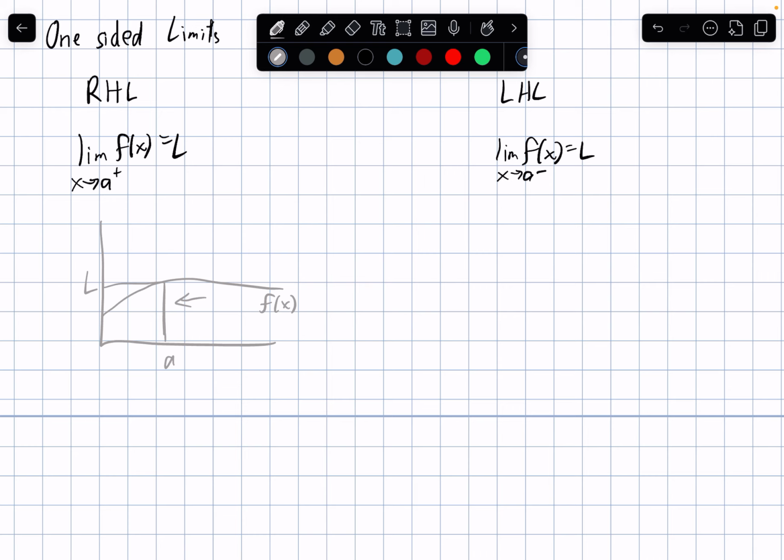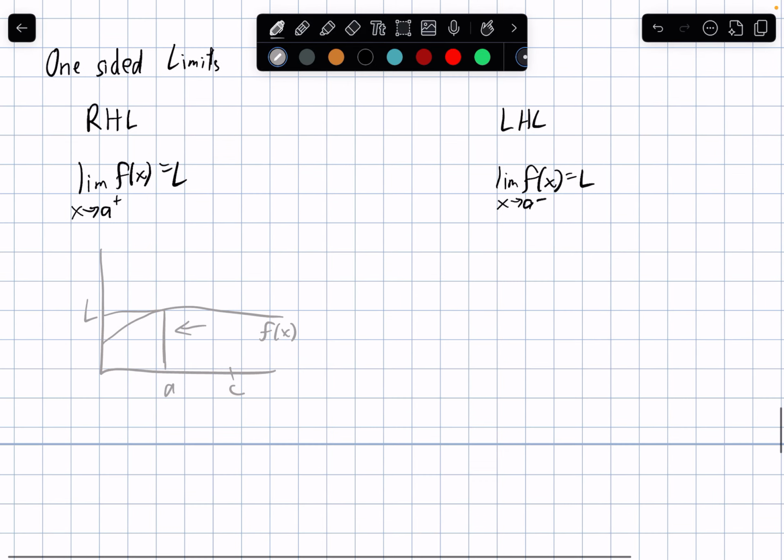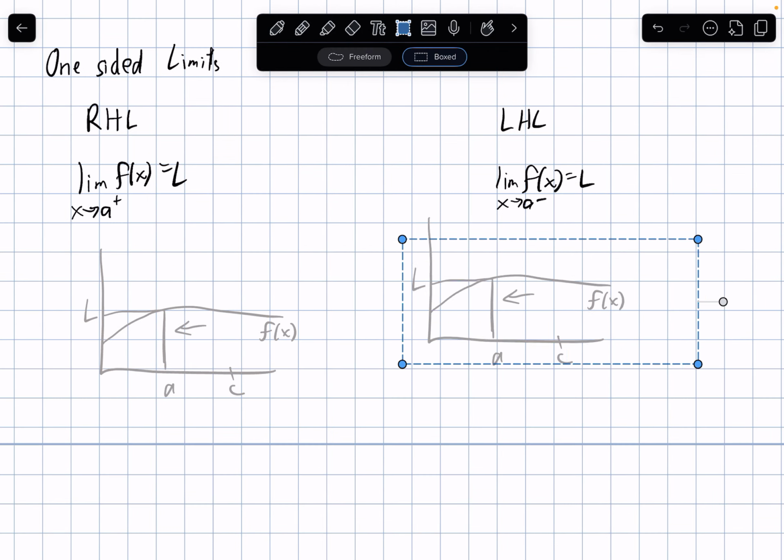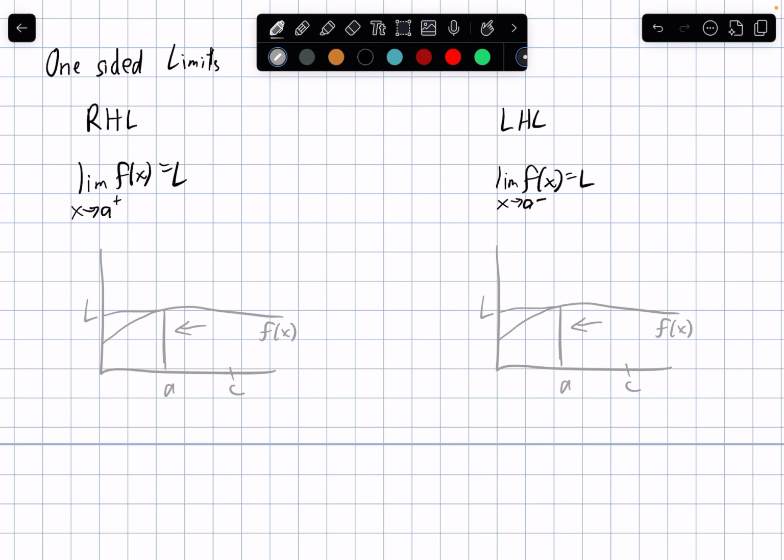So yeah, approaching from the right side. And in a similar sense, for the graph that refers to approaching from the left side, this is what it looks like. So coming from the left.